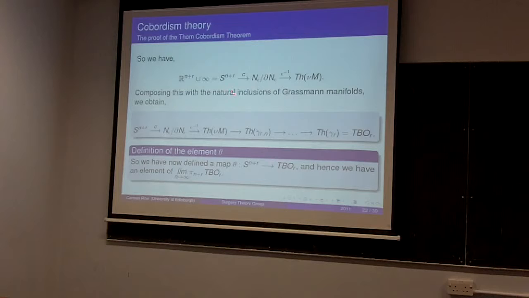This we had from the previous slide. And we know from before that we have already met these Thom spaces of the normal bundle on M. Well, we can think of the inclusion of M, of the embedding of M into the Grassmann manifold.